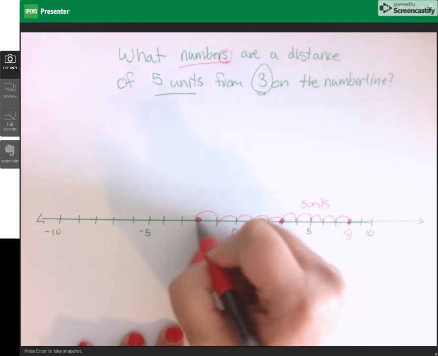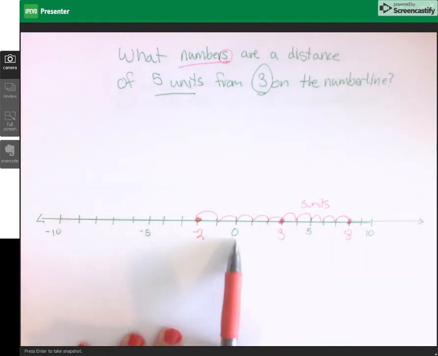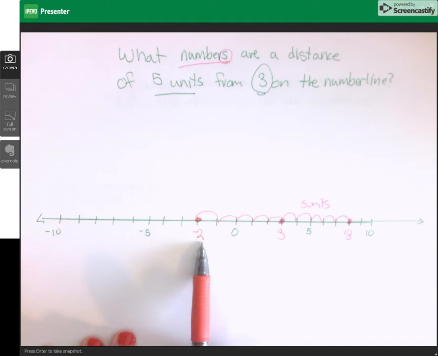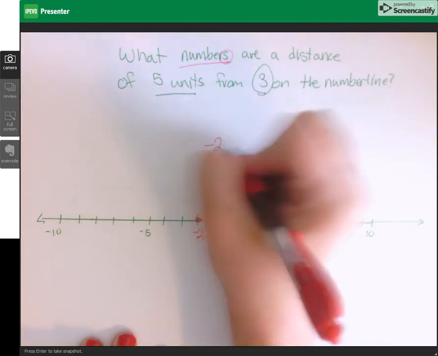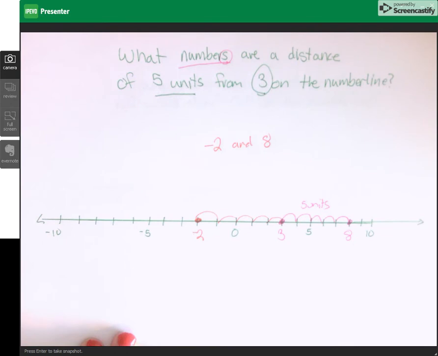And that puts us right here at negative 2. We've moved to the left of the 0. So we know on the number line, anything to the left of 0 is negative. So our numbers that are 5 units from 3 on the number line are negative 2 and positive 8. And here they are on the number line as well.